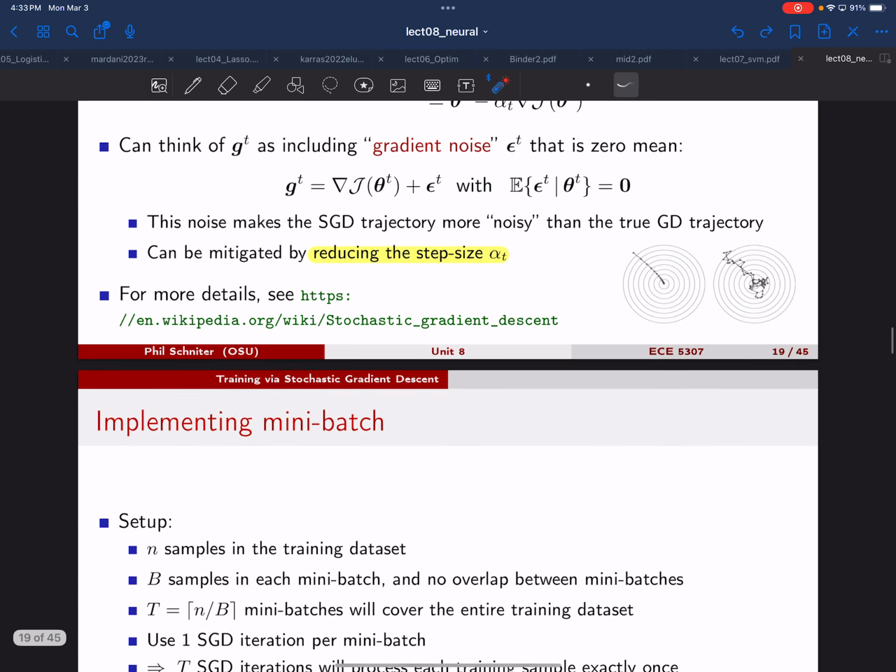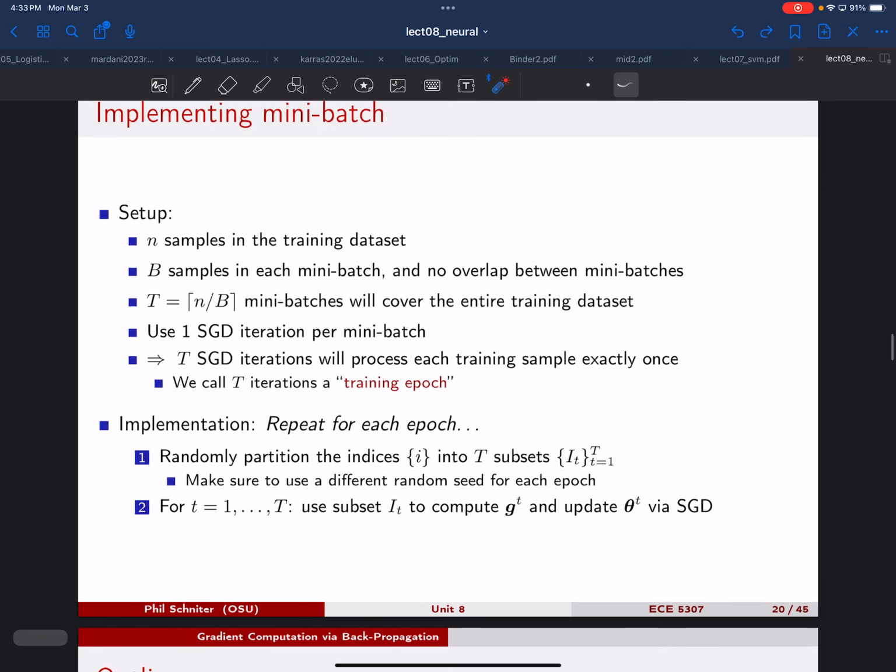Okay. All right, so then just a few details. So let's say we have n samples in our training data set, and let's say that we decide to use b samples in each mini batch. Typically, that's just a fixed number, like I said, maybe 100 or something like that. And then, essentially, you might ask, well, how many different mini batches will I need to cover all my training samples?